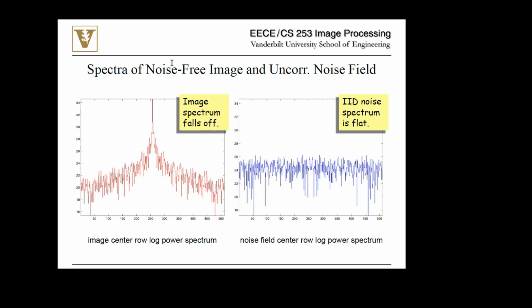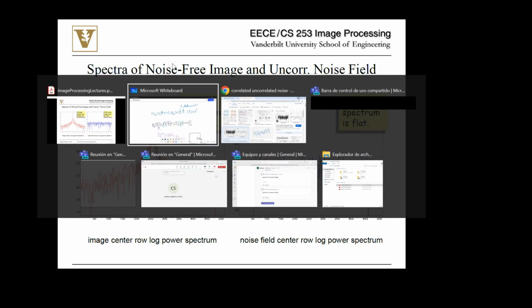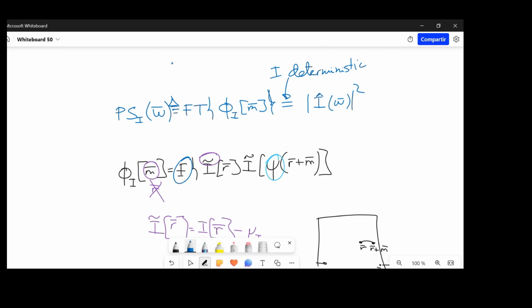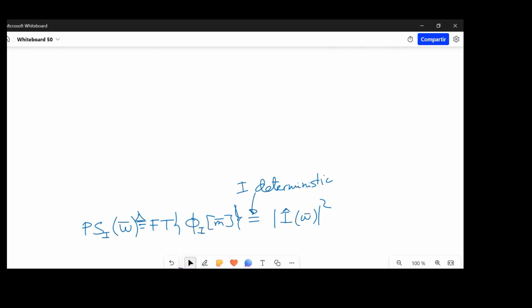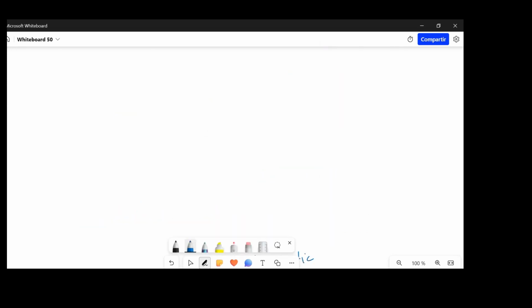So when you add the two, let's say that J is I plus N, and now you wonder, what is the power spectrum of J? This is the power spectrum of I, and that's the power spectrum of the noise.